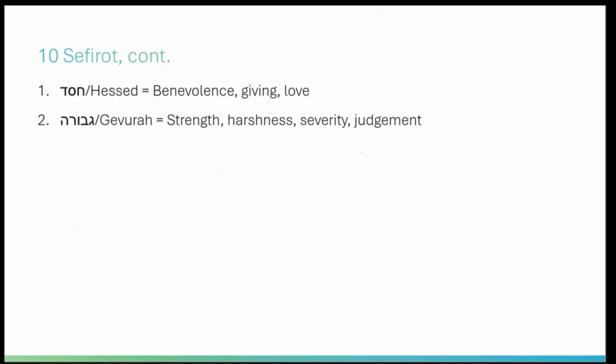So judgment comes from this attribute. Judgment can mean a number of things, right? It can mean discernment. It can also mean actually meting out justice. It can mean punishment.